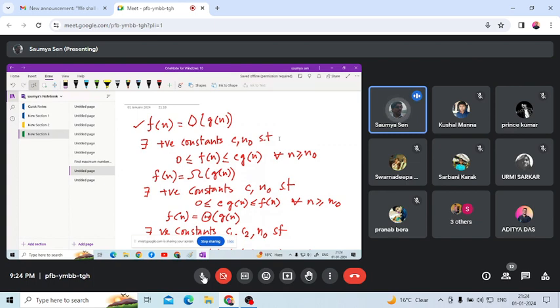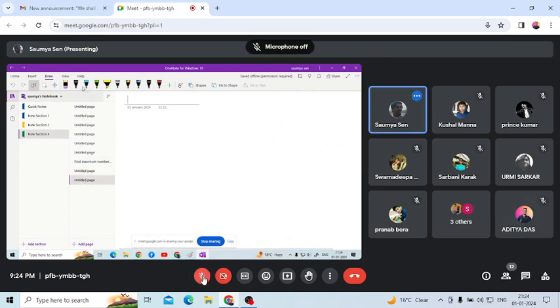Say, for example, f of n equals 3n square plus 2n plus 4.